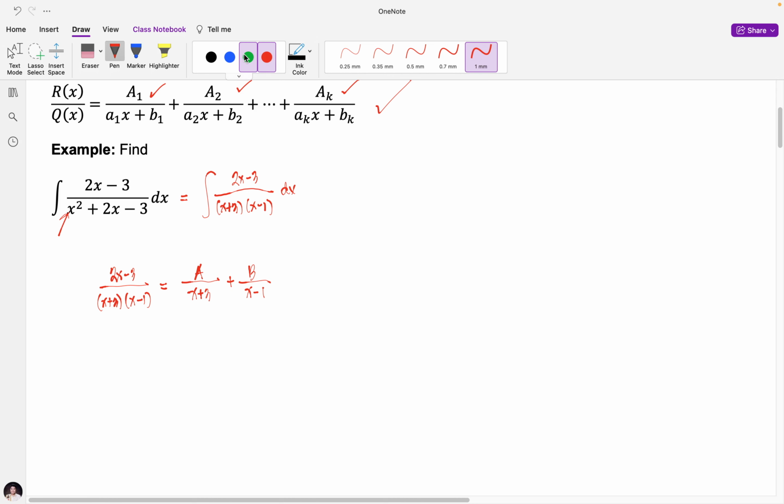To make it easier, first we will eliminate the denominator. Our denominator here is x plus 3 and x minus 1, so we will multiply both sides by the denominator so that it disappears. On the left side of the equation, x plus 3 will be eliminated and x minus 1 will also be eliminated. What's left is 2x minus 3, equal to, here we distribute x plus 3 and x minus 1 to both terms.